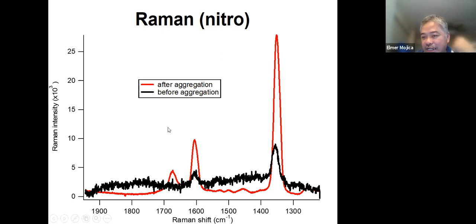But once the peptide aggregates, you see a peak here. That is what we call a beta sheet mode. Whenever you have a peak around 1670 to 1680, it means there's the formation of beta sheet, which is a signature of amyloid formation.